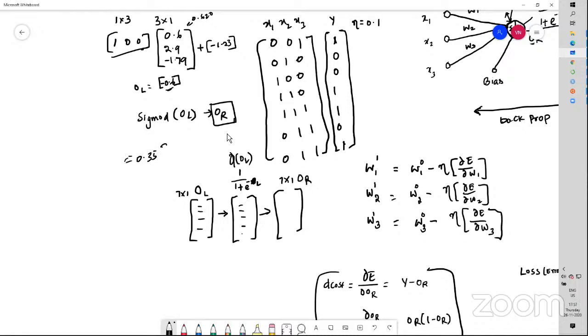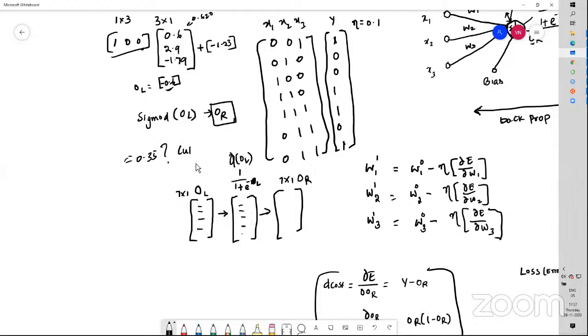Now, how do you interpret this 0.35? Think of this as a probability. If the inputs are 1, 0, 0, then the probability that the output is 1 is 0.35. When it is close to 1, our output is going to be 1. When it is close to 0, our output is going to be 0. So we use a cutoff.